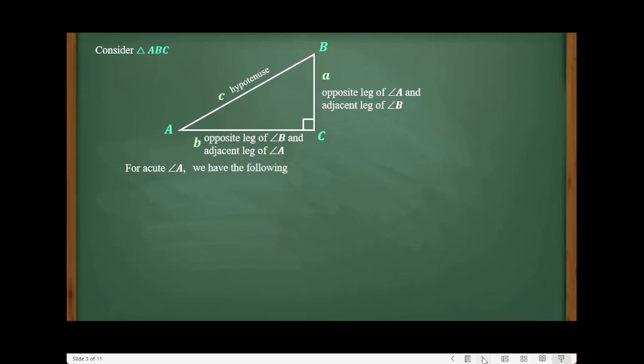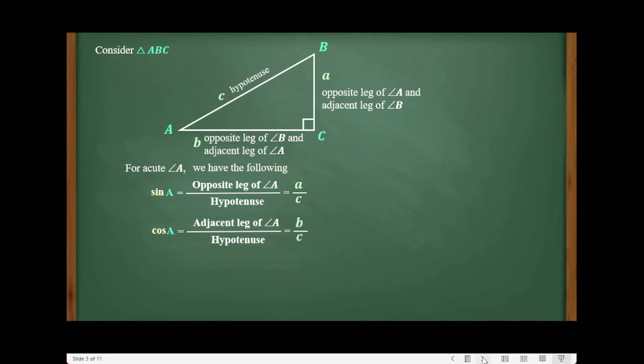For acute angle A, we have sine A, which is the opposite leg over the hypotenuse, and that is A over C. Cosine A, defined as the adjacent leg over hypotenuse, and that is B over C. Tangent of A is equal to opposite over adjacent, and that is A over B. Now these first three trigonometric ratios are known as the basic trigonometric ratios, and the three remaining ratios are the following.